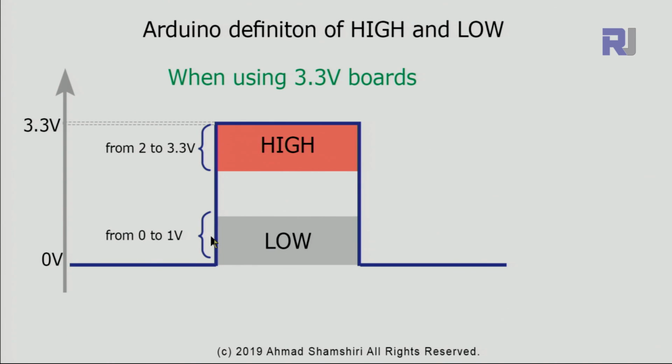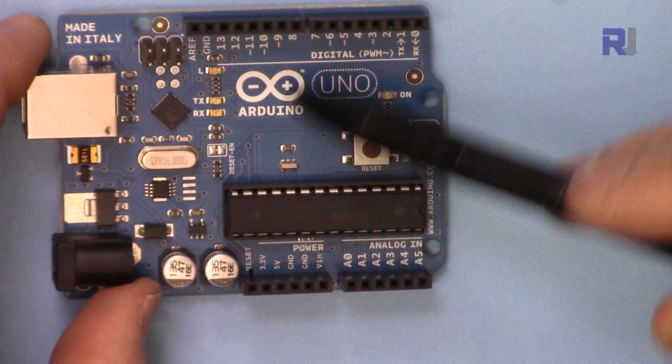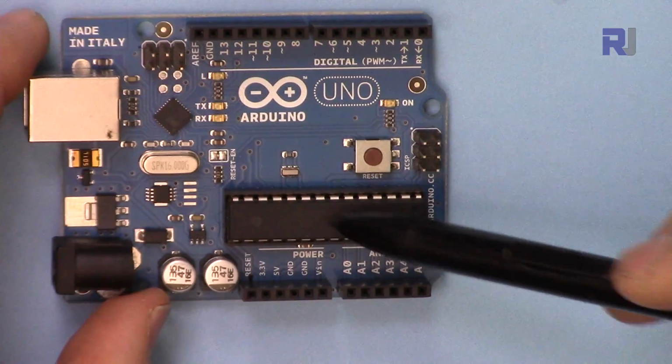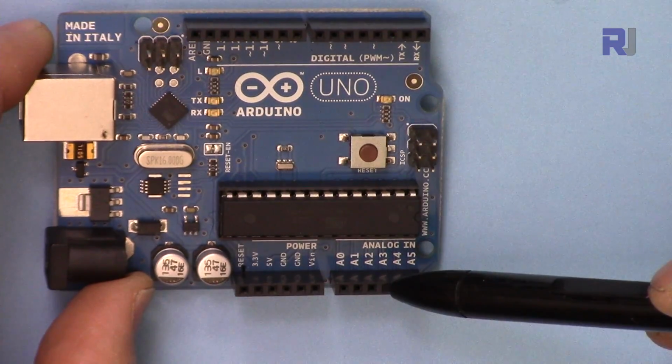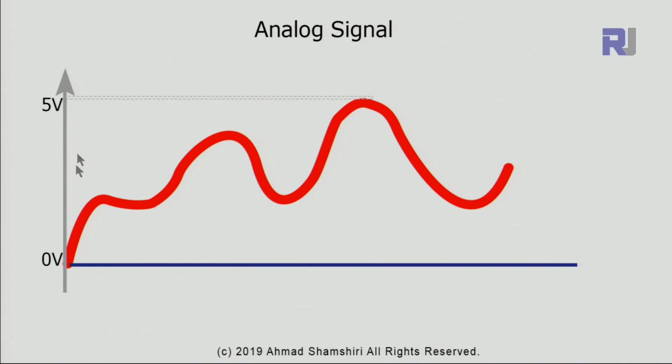Analog can be used to measure between 0 to 5 volts because the maximum input that this device can accept at these pins is 5 volts. If we have a signal, a voltage that fluctuates, goes high and then goes back down, going up and down, we can read it at any moment, at every step.